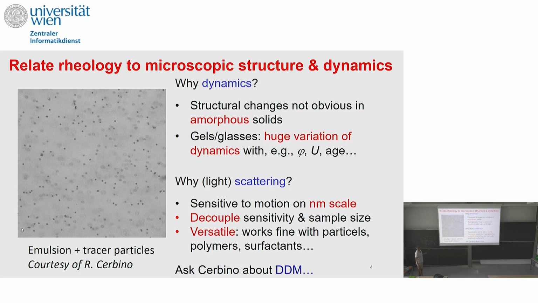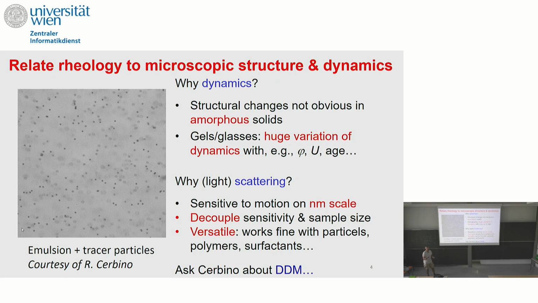And the other important point is that light scattering, or scattering in general, is very versatile in terms of what kind of systems you can look at, because you don't need to be able to actually distinguish particles. You just look at the light scattered by whatever you have in your samples.